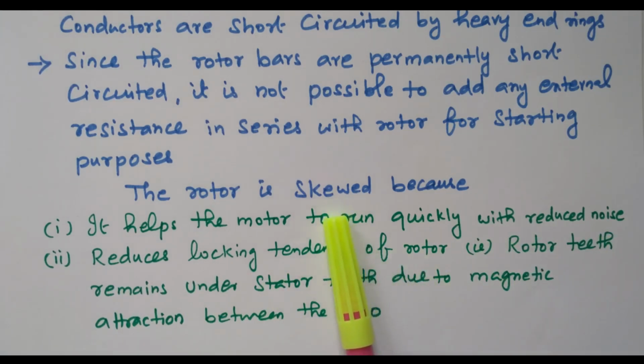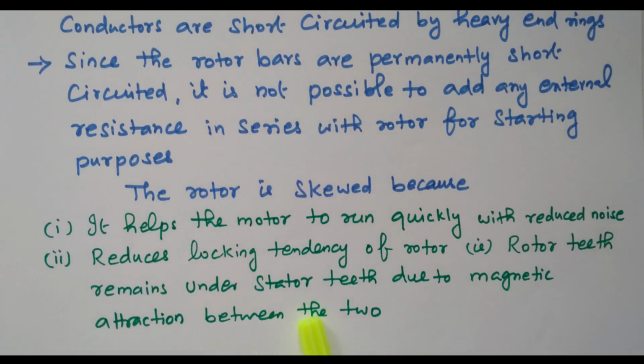If it is placed in a straight line, there may be a possibility of locking. With the skew, some phase difference happens between stator and rotor, so it reduces the locking tendency, that is, the rotor teeth remaining under the stator teeth due to the magnetic attraction between the two. So we can avoid locking between the stator and rotor.